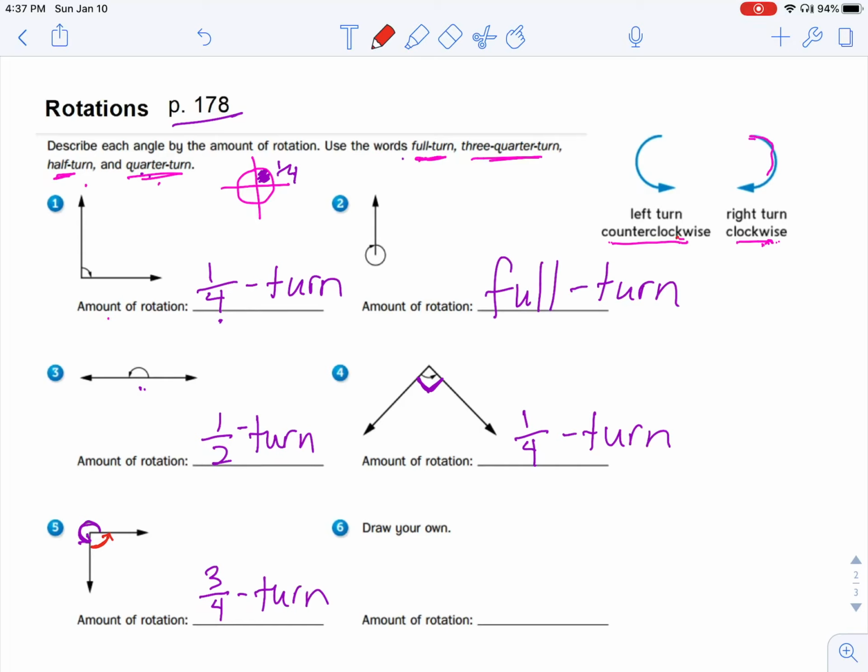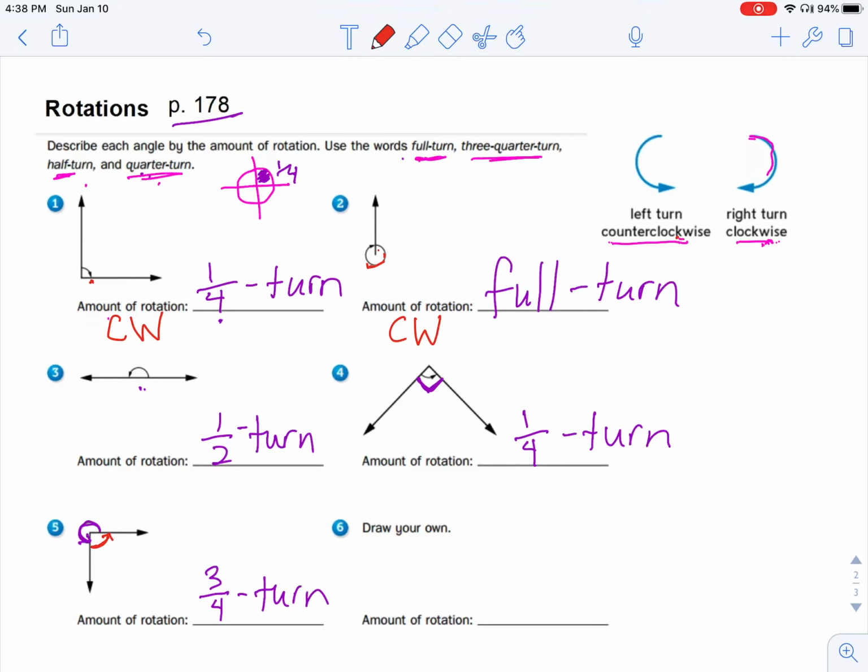Now let's look at this clockwise, counterclockwise vocabulary just to get the hang of it. In number 1, see how the arrow on the arc is pointing clockwise? So this would be a clockwise rotation. For number 2, the arrow on the arc, that one similarly is going just clockwise.